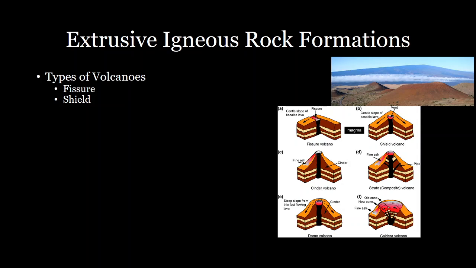And the reason for this is because the lava that comes out of them has a very low viscosity relative to other lavas. And so it can flow a very far distance before it actually cools and forms a rock. Because of that, you have that lava more easily spreading out, and so the slope of the mountain tends to be really low.